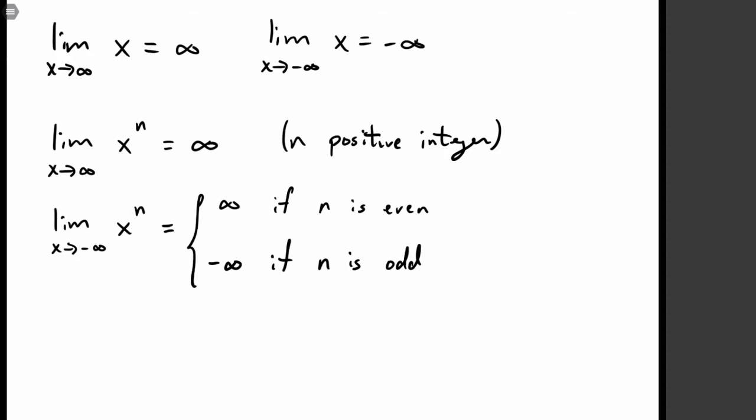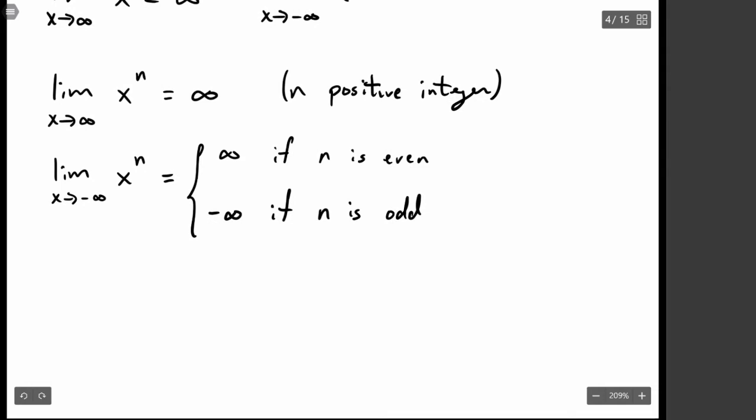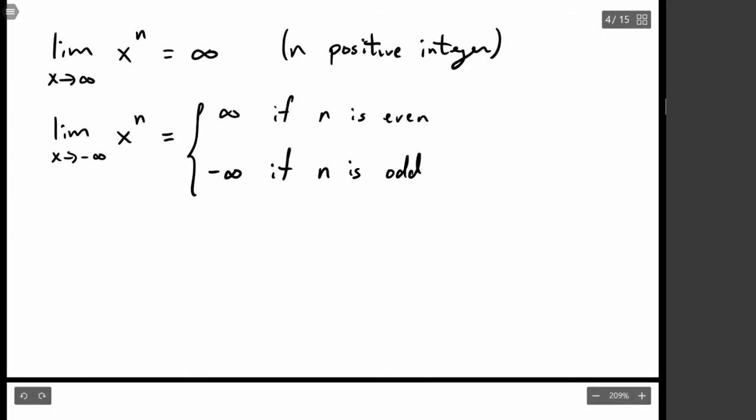So, now that we have that, I want to look at something related to the example we did earlier. Again, here, n is still going to be a positive integer. The limit as x goes to infinity of 1 over x to the n, this is 0. And so is the limit as we go to negative infinity of 1 over x to the n.